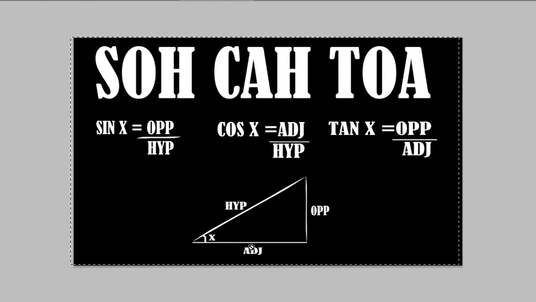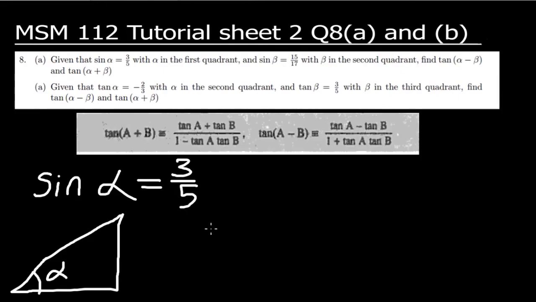So this is the triangle, and if this is our x, the opposite side to x is this one. That's why it's called opposite. This one is the adjacent, and the hypotenuse is always the longest side. So we go back to our question. We know that sine theta, according to SOHCAHTOA, is opposite over hypotenuse.